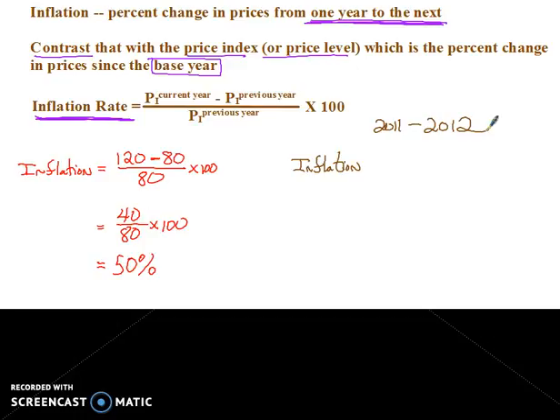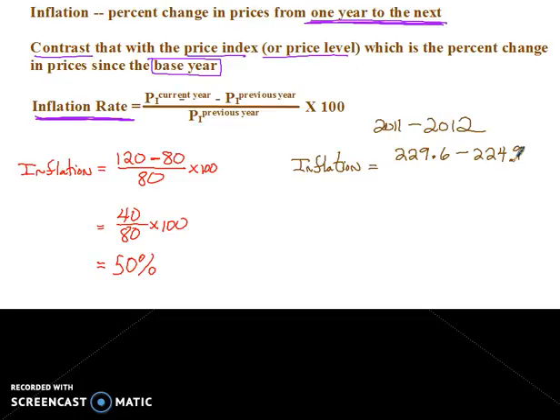So we're going to use the price of the current year, that's 2012. The price index was, if I remember my numbers correctly, 229.6, minus the price index in 2011, that's the previous year, 224.9.